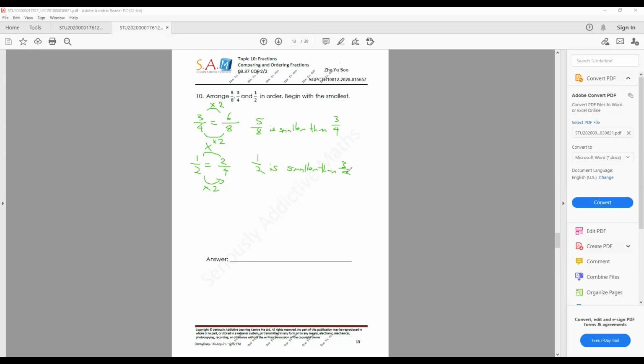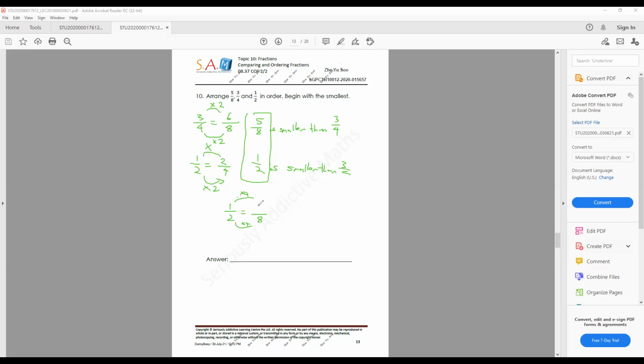All right, so it seems like 3/4 is the biggest. What do we do now? We have to decide which is smaller, half or 5 out of 8. So let's compare half and 5 out of 8 using equivalent fractions. 8, times 4, times 4.